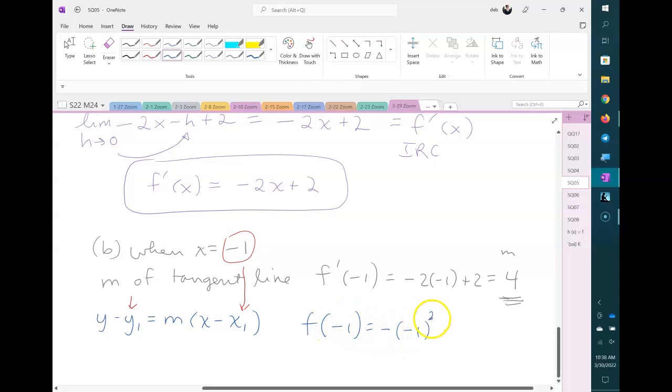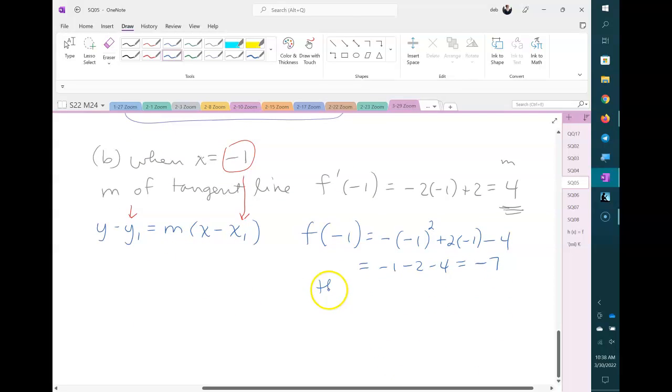That's going to be negative 1 squared plus 2 times negative 1 minus 4. Negative 1 minus 2 minus 4, negative 7. So the point negative 1, negative 7 is on the tangent line and on the graph of f.